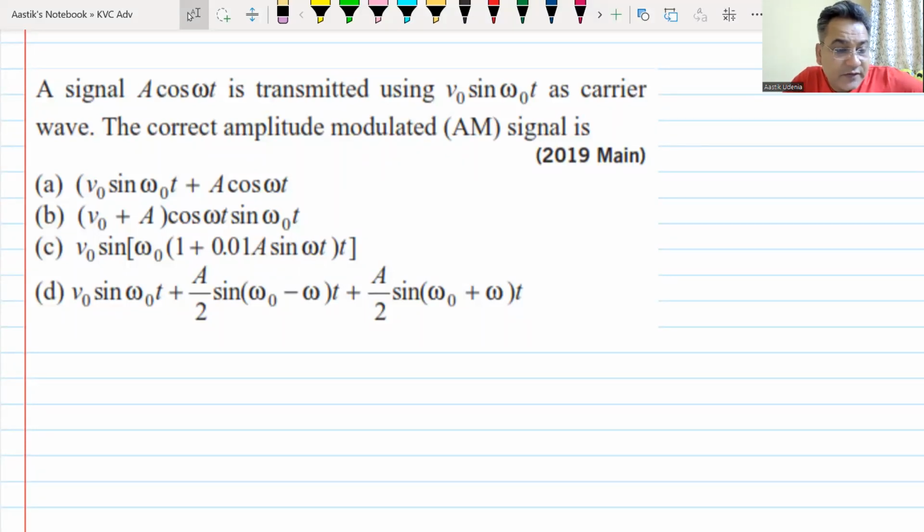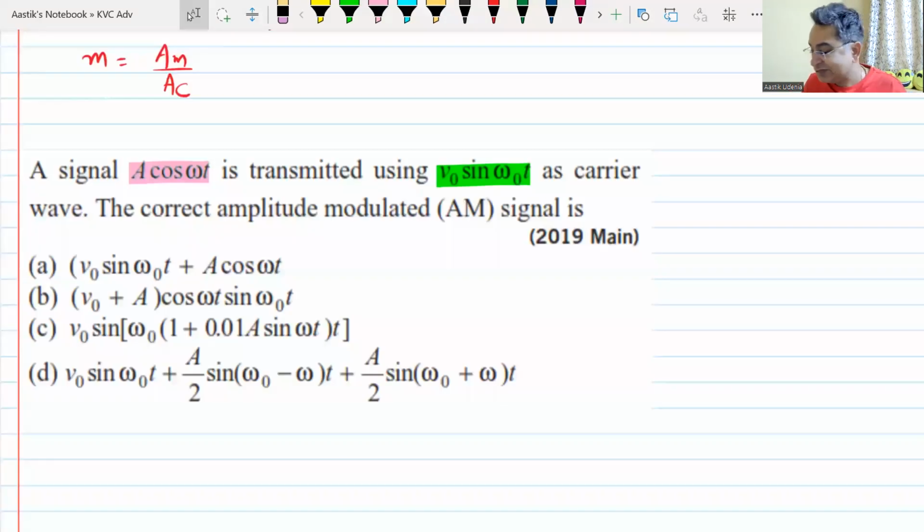You have a signal A cos omega t, which is transmitted using a carrier V naught sine omega naught t. You have to find out the correct signal. It is option D. I had already given you the formula to find out the value of the signal.